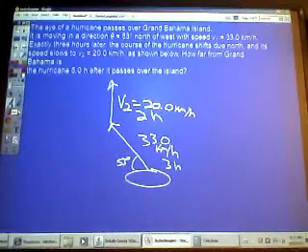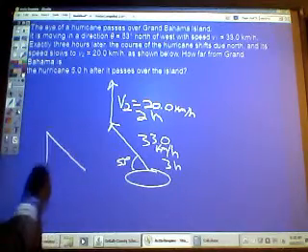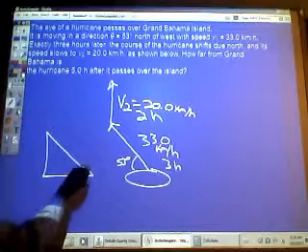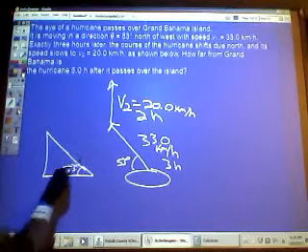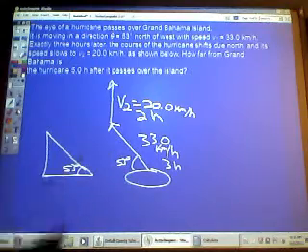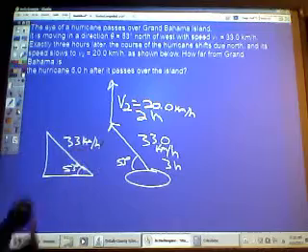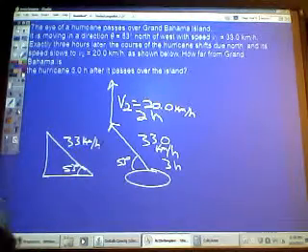My component vectors for this triangle here, 53 degrees. What's my hypotenuse for this triangle? 33 kilometers per hour. And what's the time that it's traveling 33 kilometers per hour? 3 hours.